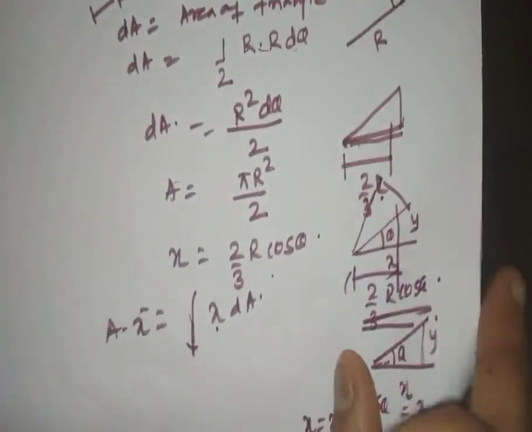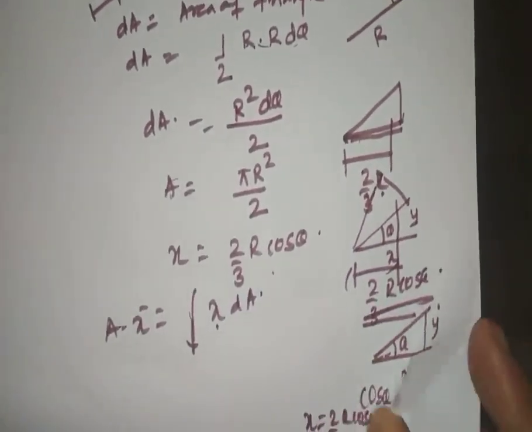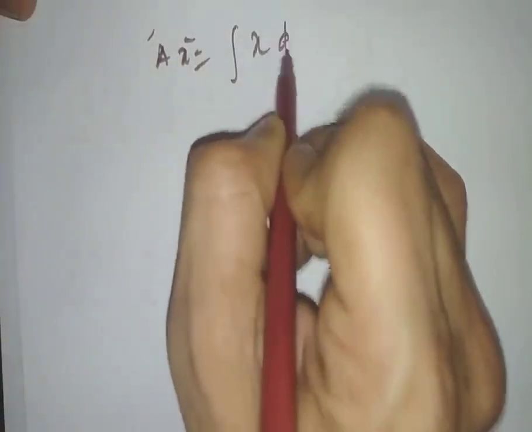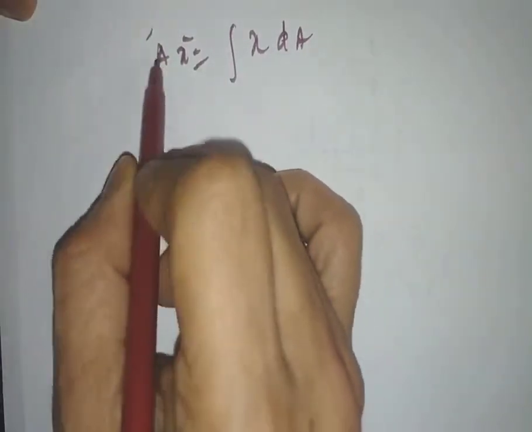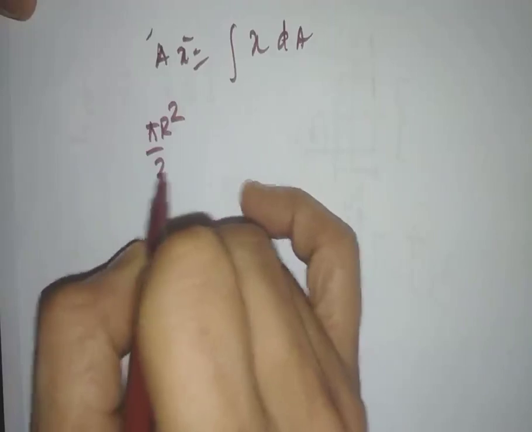Now we need to substitute the individual terms. So we shall rewrite this equation and substitute all the terms: A into x bar is equal to integration x dA, where A is the area of the semicircle, which is pi r square by 2.